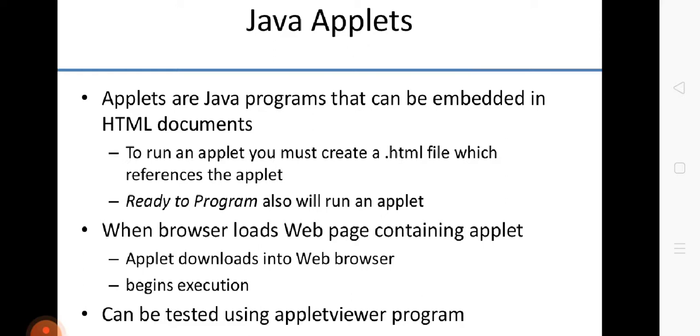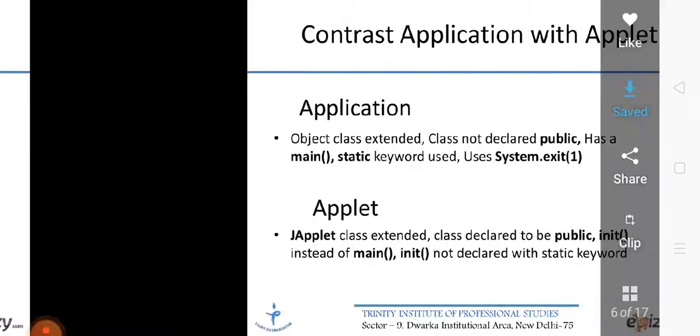So every applet is placed in an HTML document, and then that document is run on the browser. When the web page is loaded, the applet is automatically downloaded and it will run on the client browser.